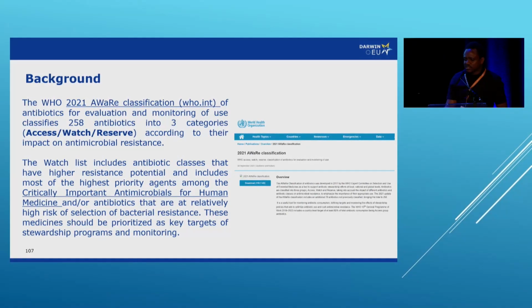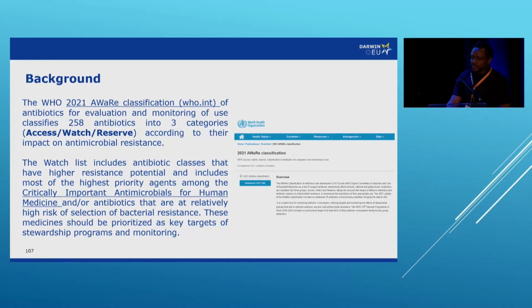The WHO 2021 AWaRe classification classified antibiotics based on their likelihood of resistance into 3 groups: the Access, Watch, and the Reserve. The national target is usually set at 60% and above for the Access antibiotics. For the Watch and the Reserve, because of the high potential for resistance, the use should be relatively low.